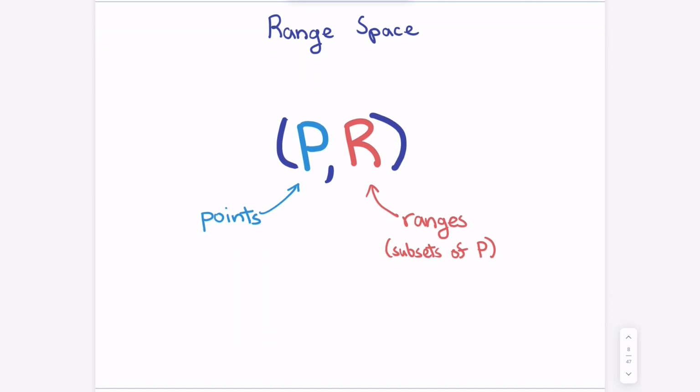So, okay, here is the abstract setup. I'm not sure sometimes if this terminology is helpful, but it's the convention. So we're going to be looking at points and then subsets of points, which we call for some reason ranges, I think because of range searching. But we'll be studying subsets of points that nicely have certain structures.